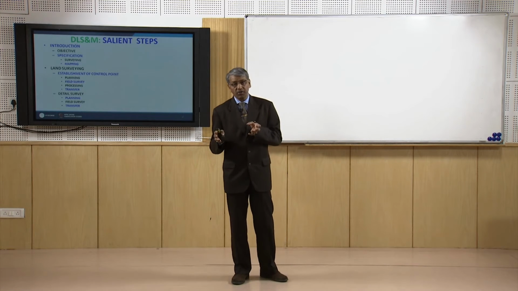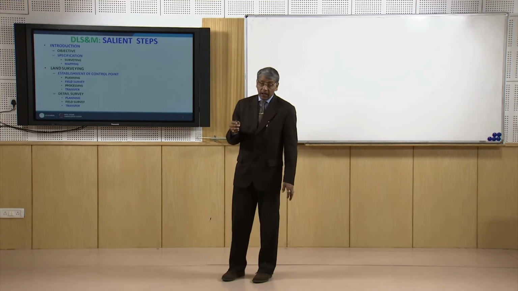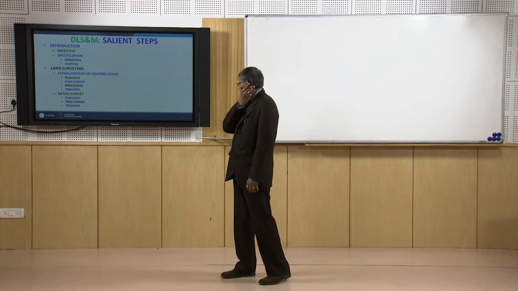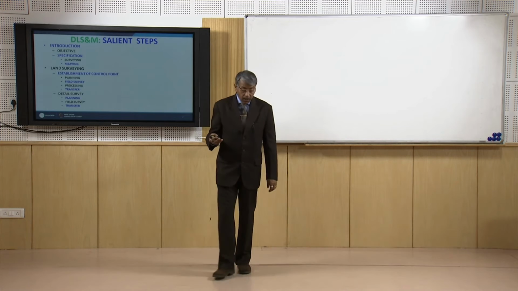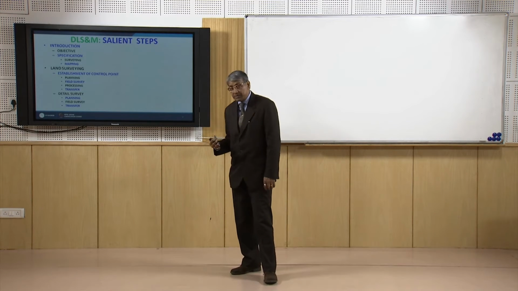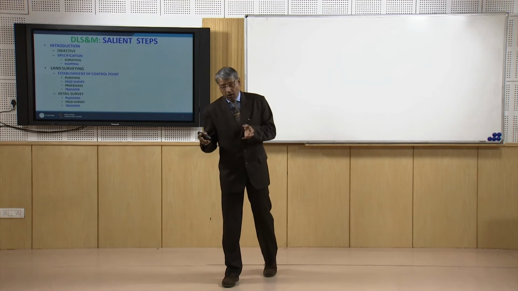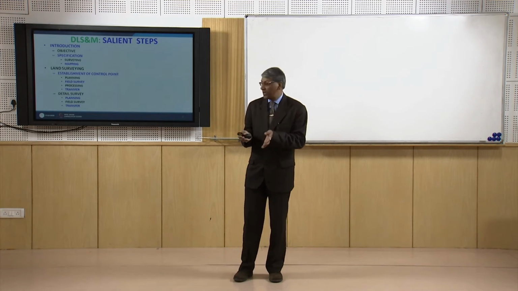So the method is fixed, but depending upon the specification of the control point, we have to decide about the duration of observation. That means the higher the order, the longer will be the duration of observation, and we also need to decide about the epoch of observation. For establishment of control points, generally we take an epoch of high duration like 15 seconds or 30 seconds.